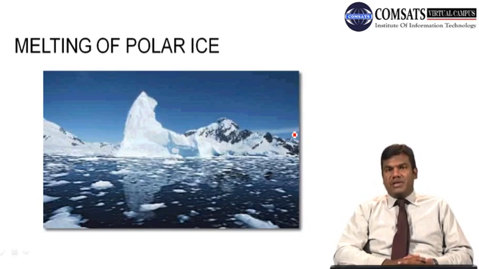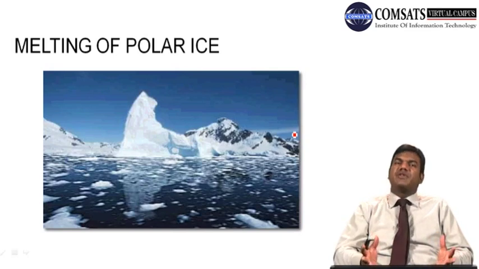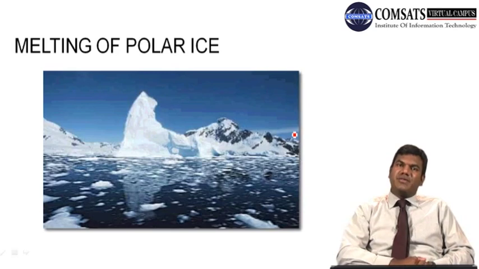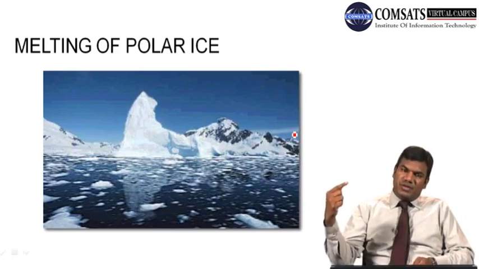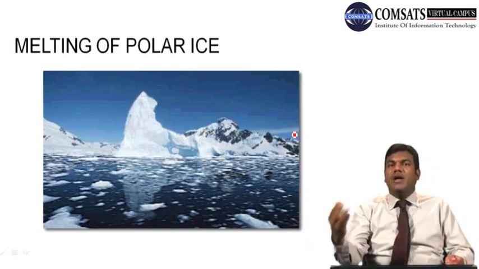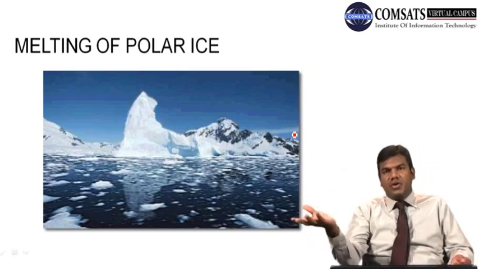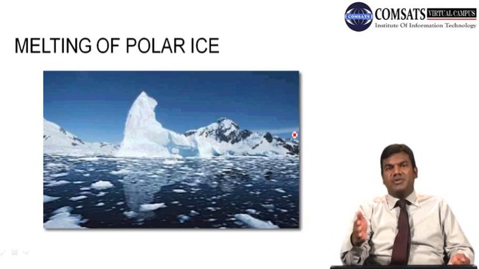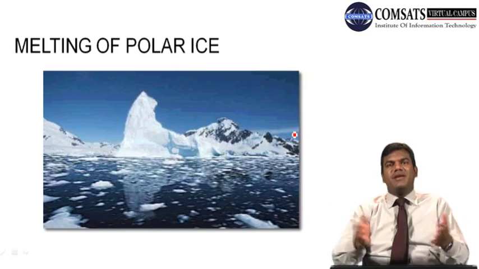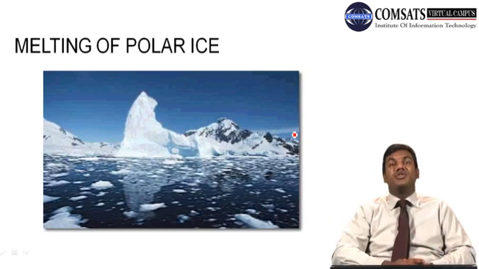The win situation is for the countries which use the sea harbor, which use big ships for transportation. When there is ice in the sea, these ships have to take a bigger route, their route is longer, and the bigger route means more transport costs. Now as the ice is melting, they can just go straight because the ice is not there, their routes have become shorter, so they are rather happy.